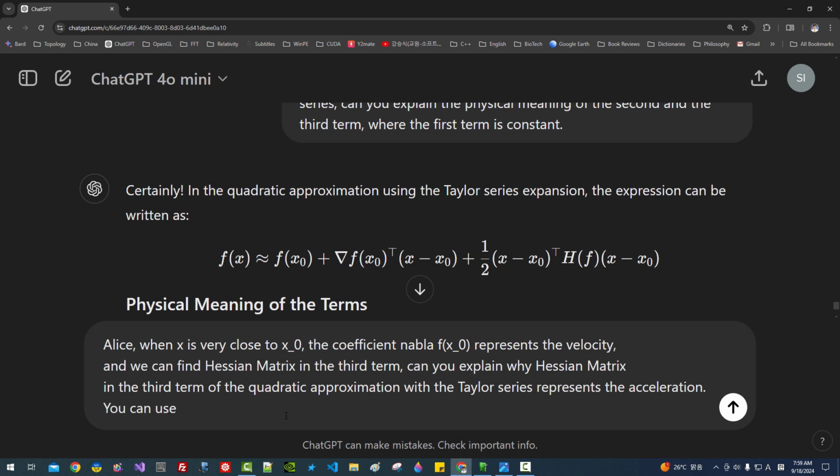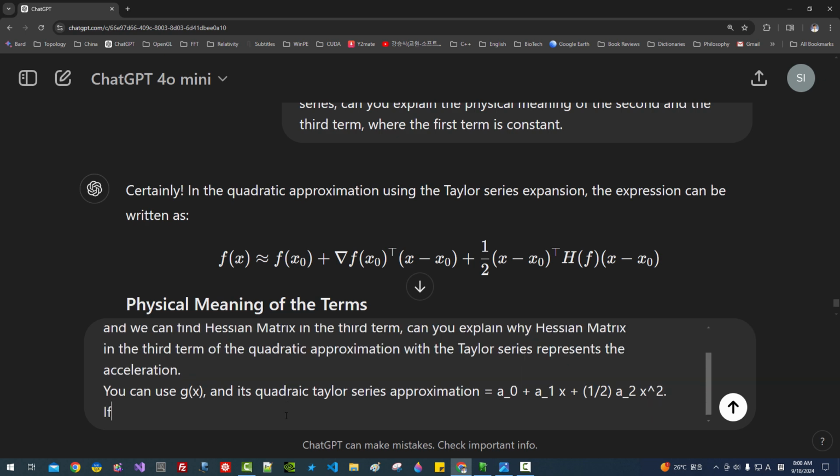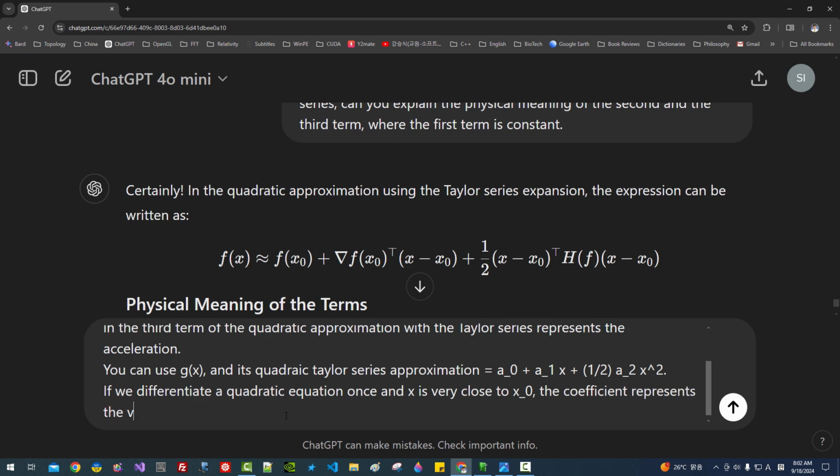You can use g of x and its quadratic Taylor series approximation, a0 plus a1 x plus 1/2 a2 x squared. If we differentiate a quadratic equation once and x is very close to x0, the coefficient represents the velocity.